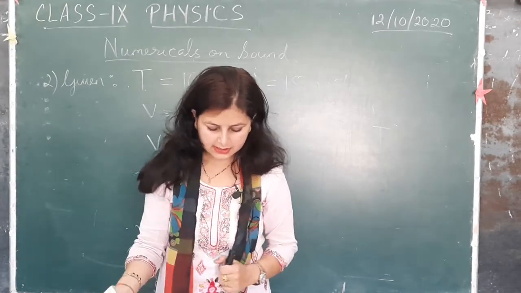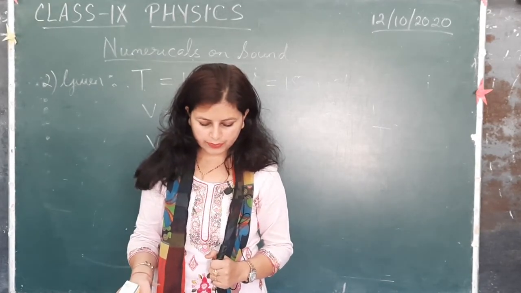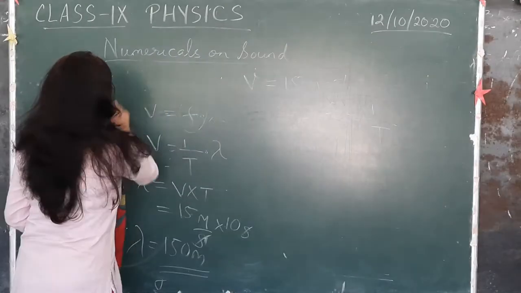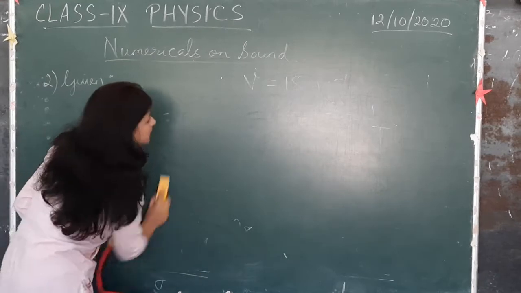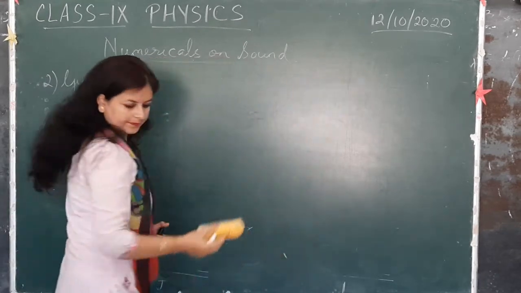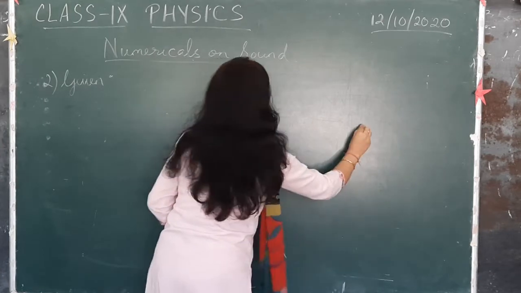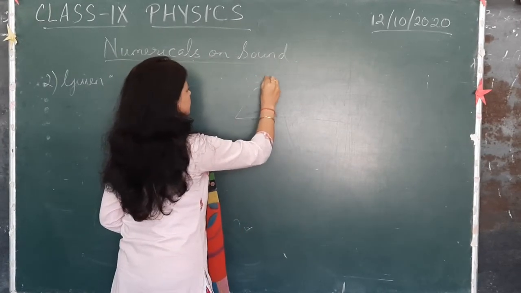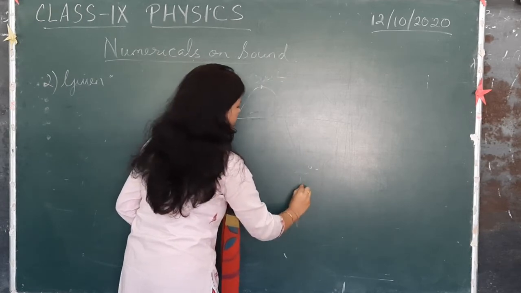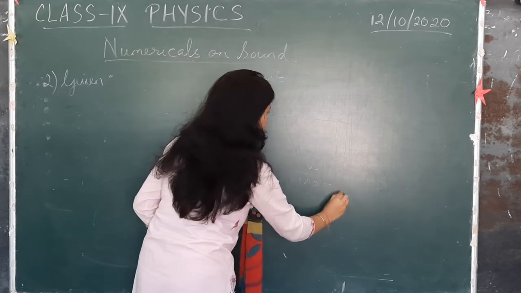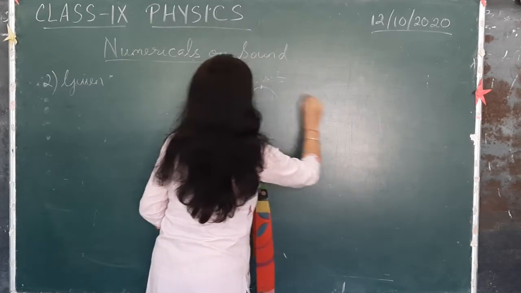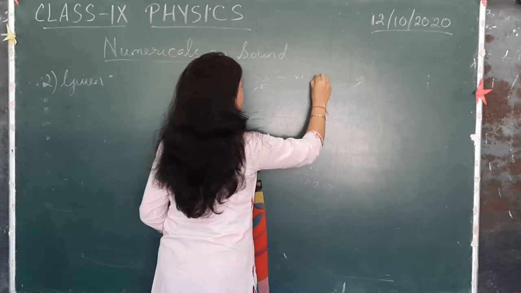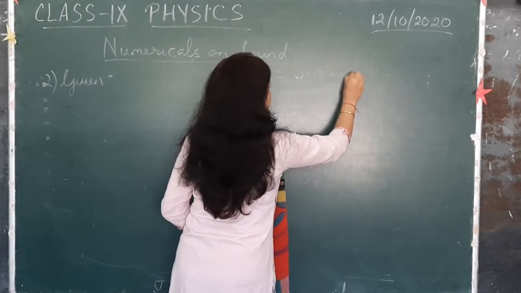Now the second part: the horizontal distance between a wave crest and its adjoining wave trough. Crest and trough are the maximum and minimum locations of the wave. So this is crest, this is trough. Now if I draw the wave again, the distance between one crest and the other crest will be equal to one wavelength, that is lambda.